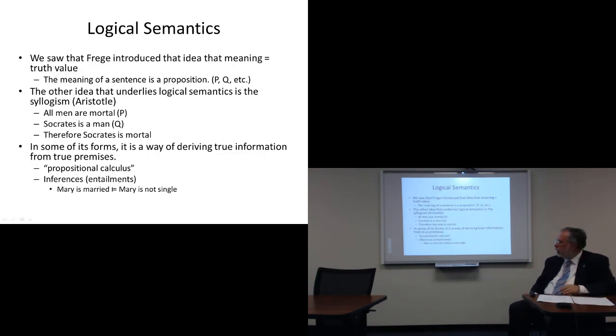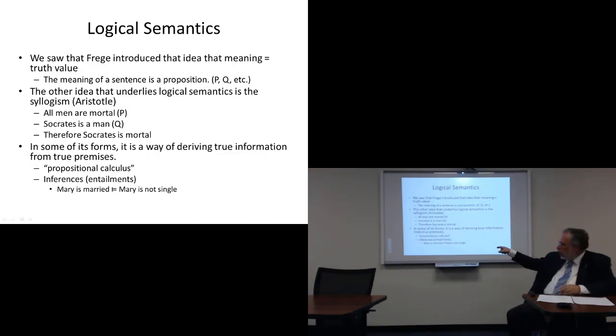So people were very excited about this. And this is very closely related to inferences and entailments, which basically boil down to saying things that follow logically from the meaning of the words. So if I say Mary is married, it follows that she's not single, okay? Because you can't be single and married at the same time.